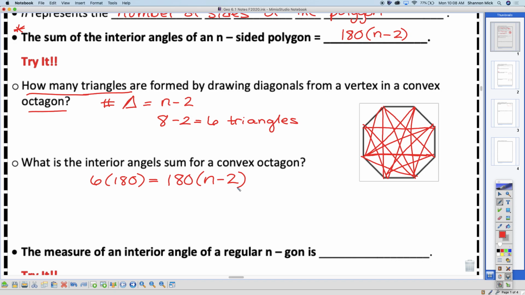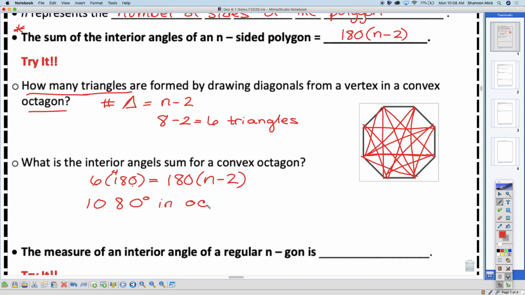How many sides are in an octagon? 8, minus 2 is 6. So 6 times 0 is 0. 8, carry a 4. So there's 1,080 degrees in an octagon.